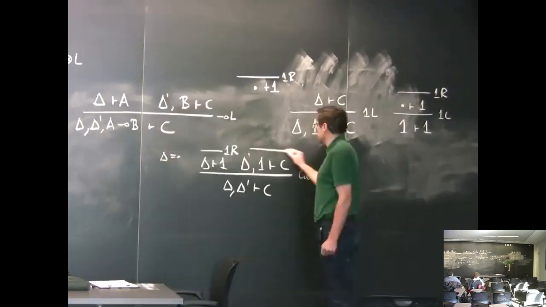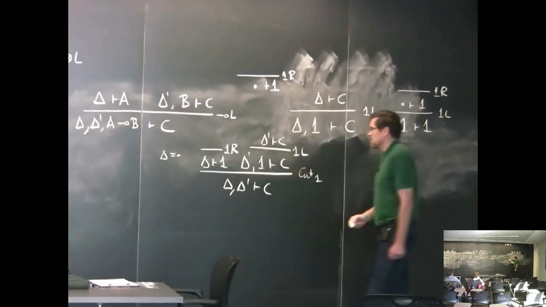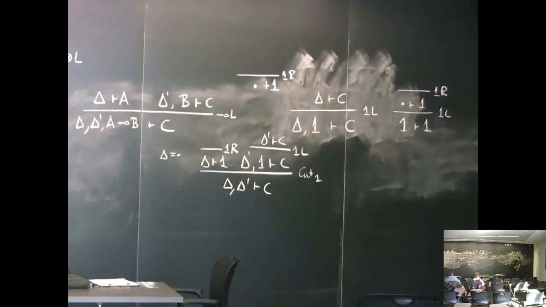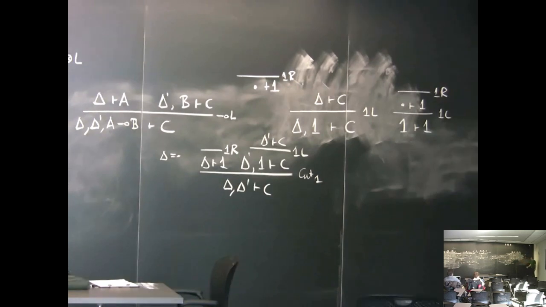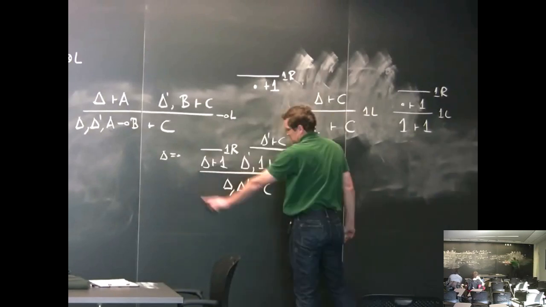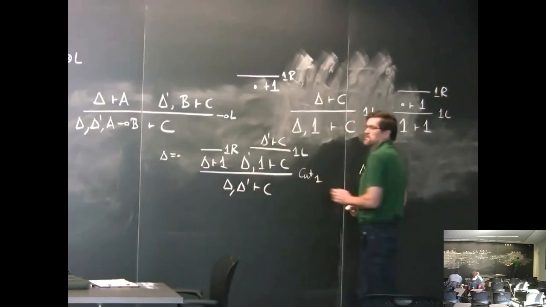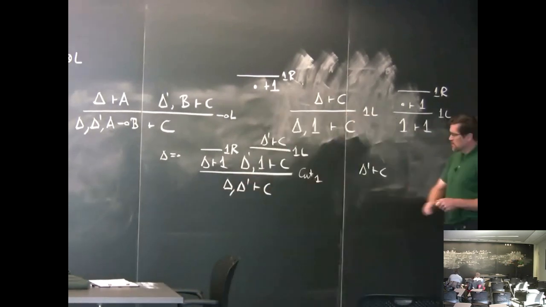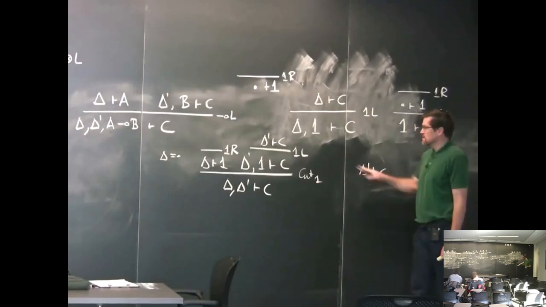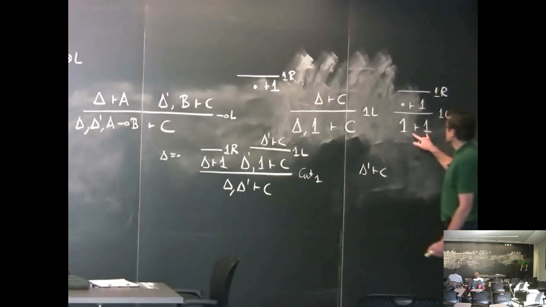And here I used the 1 left rule, so the premise says from delta prime I can prove C. Now, why can I reduce this? What do I have to reduce it to? Yeah, because delta is empty, I need to reduce it to delta prime proves C, but that's exactly this premise over here. So a cut at 1 just reduces directly to one of the subproofs in this case.